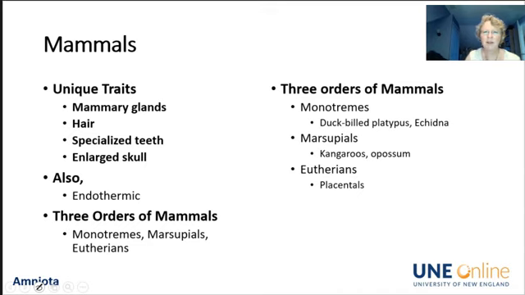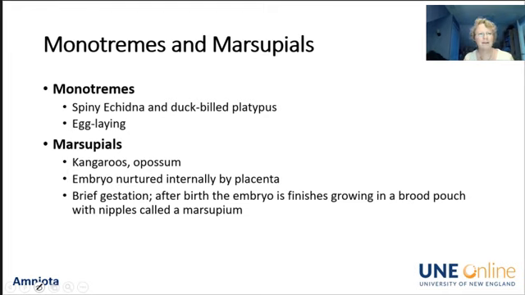So our monotremes are the duck-billed platypus, the echidna; marsupials, kangaroos, and the opossum. Eutherians are the placentals. And quickly summarizing these, monotremes, their key trait, they actually lay eggs. And so that's why we don't call internal birth a trait for the mammals either, because the monotremes, the spiny echidna and the duck-billed platypus, lay eggs.